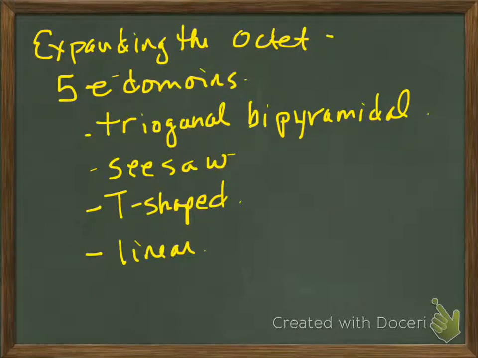Now if I were to draw what the structure looked like, I would have my center atom here. I would have three electron clouds on the same plane, and then two on the axial. They call it trigonal bipyramidal because you really have a pyramid forming from that one axial electron domain and then one on the bottom.